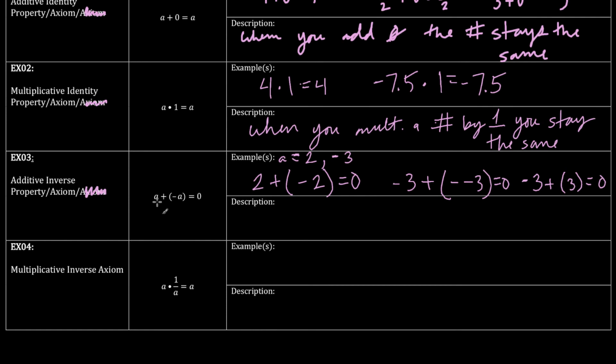Like even this complicated one, I wouldn't necessarily do it that way. I would just do negative 3 plus the opposite of that. The opposite of negative 3 is 3, and you get 0. That's how we end up there a lot faster.